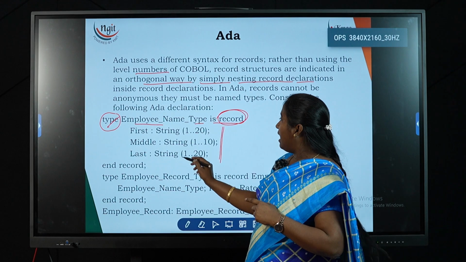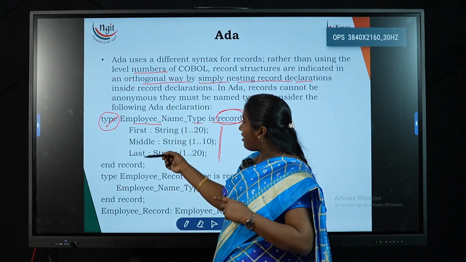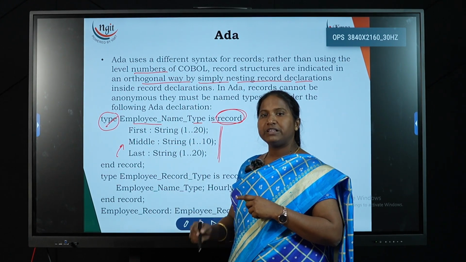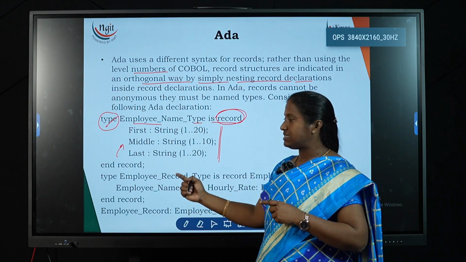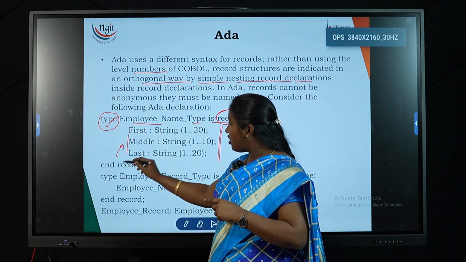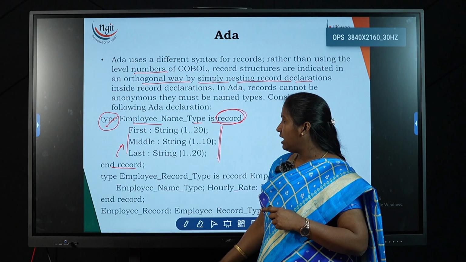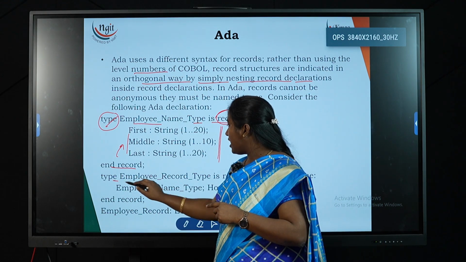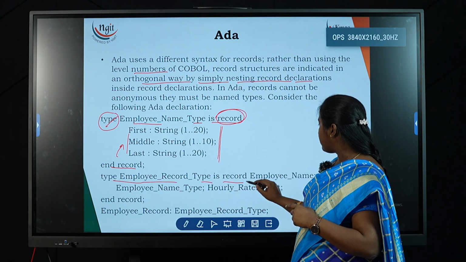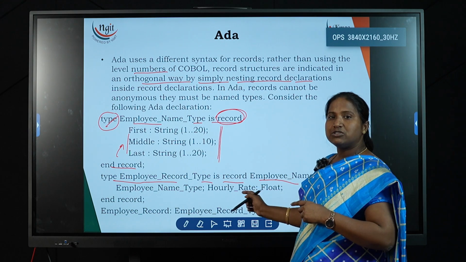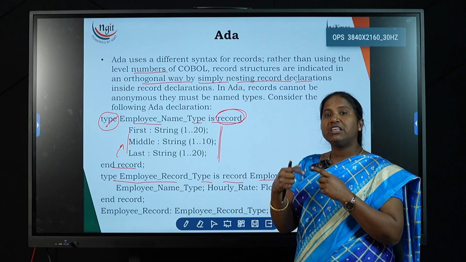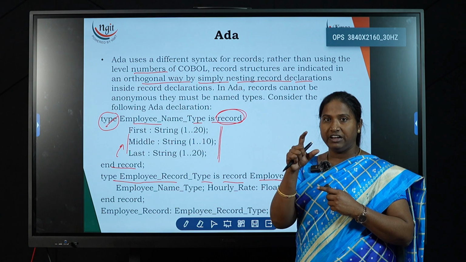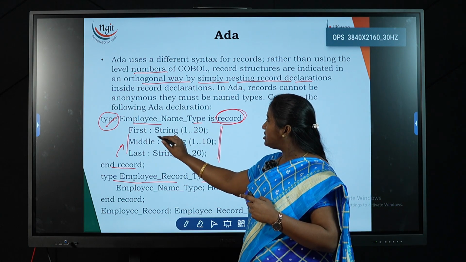Once you insert all the fields you want to keep inside, once you finish all this, you have to end the record. Later we'll write type employee record, type is record, employee name. This is how to give a value to the record fields. Here I did not mention any value.